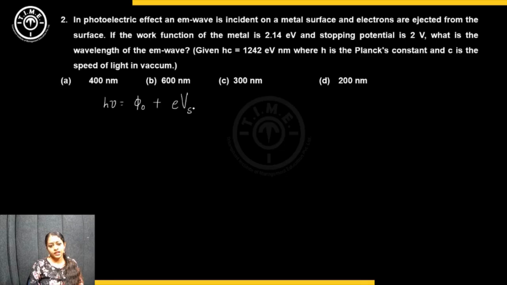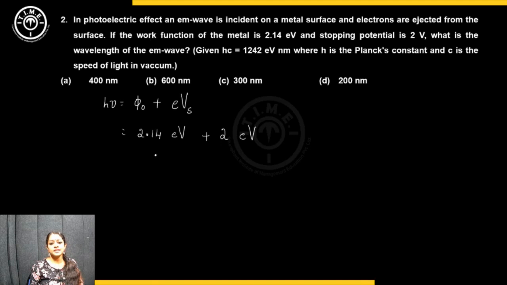Okay. Now, what are the given data? Work function is given. It is 2.14 electron volt. And what about e into Vs? That is kinetic energy, right? If we have the stopping potential as 2 volt, then eVs will be 2 electron volt, isn't it?